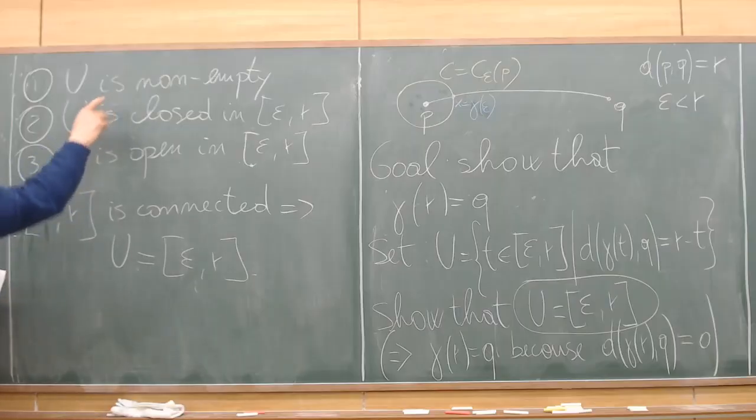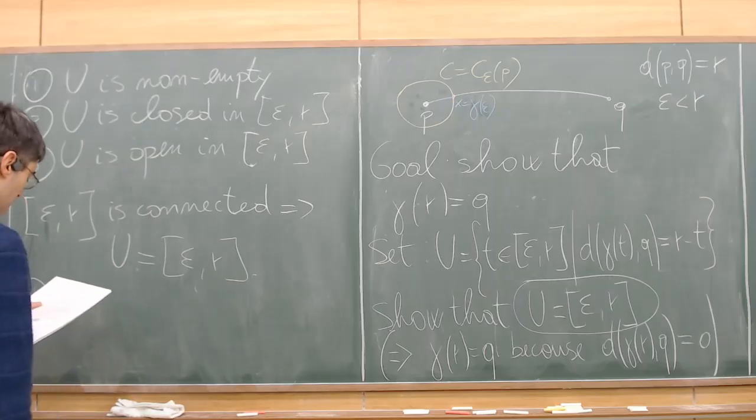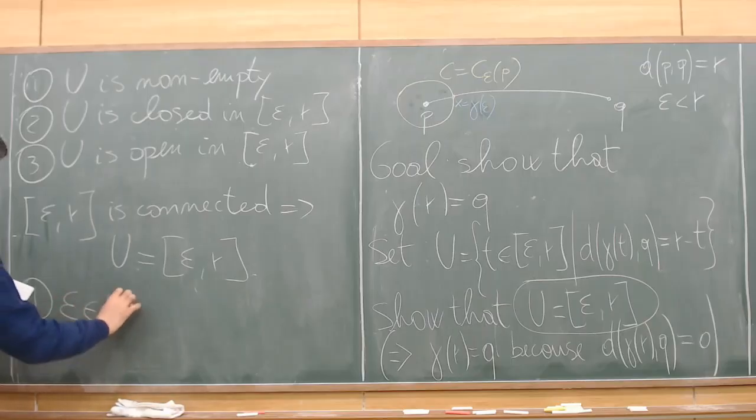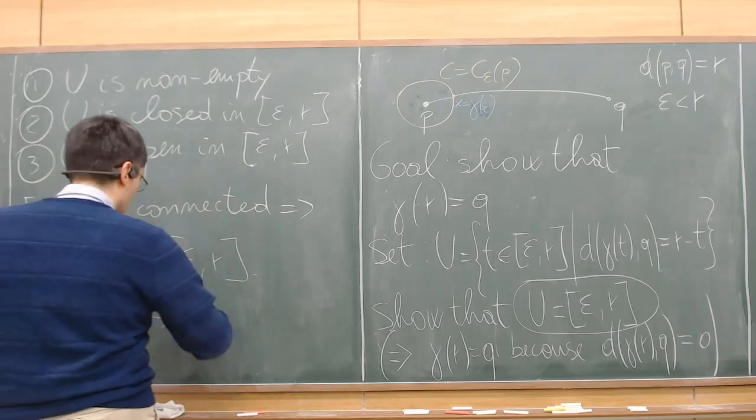Okay, let's prove one. We will show that epsilon is a point of U, and this implies U non-empty.